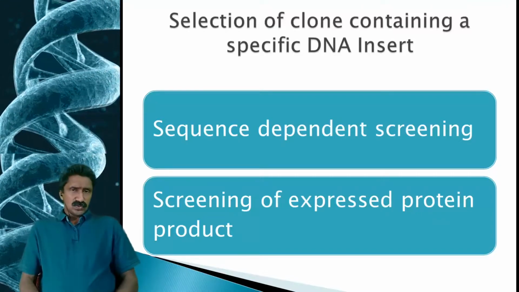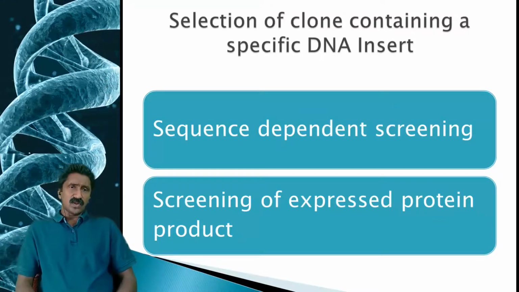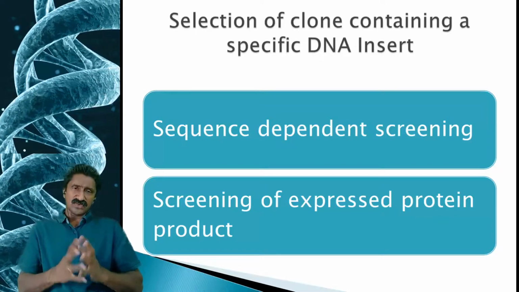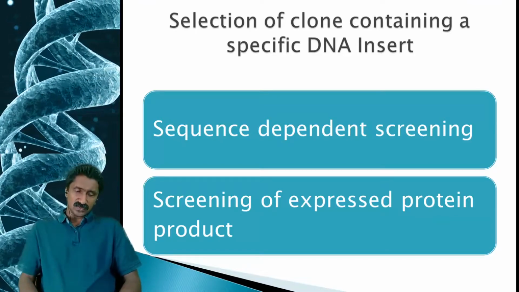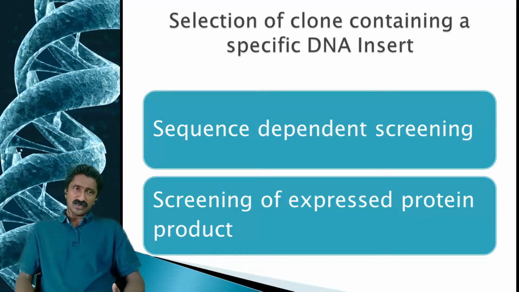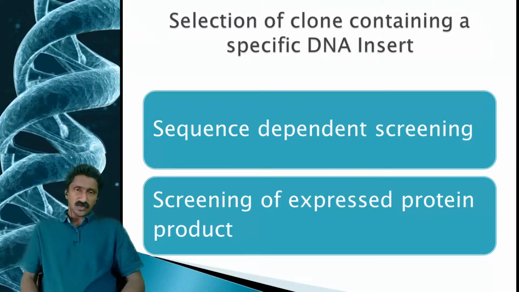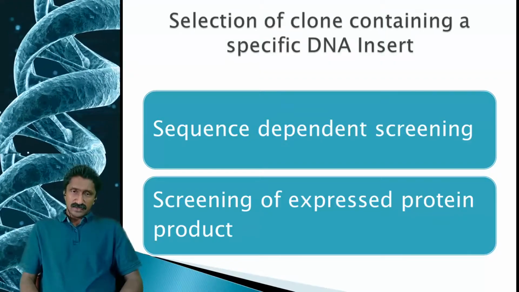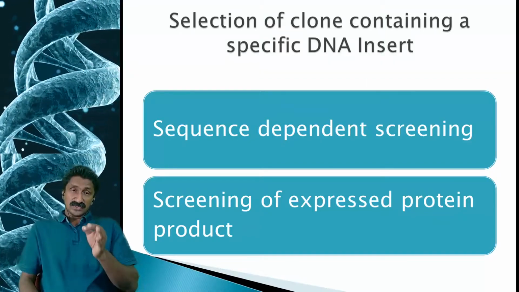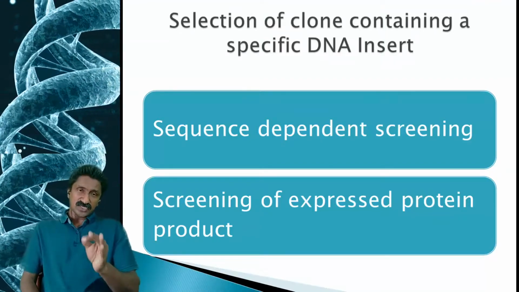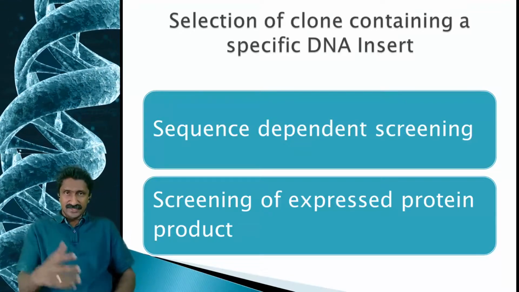Now when we come to the selection of a clone containing a specific DNA insert, the previous methods were basically selection of the clone, or elimination of the untransformed ones, or selection of the ones transformed with the rDNA. But our intention is to select the clones containing a specific DNA insert, not any insert.